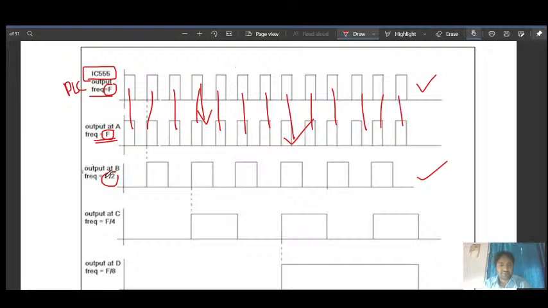When we are using half of the frequency, f by 2, then for every 2 pulses of this PLC, 1 pulse is generated.